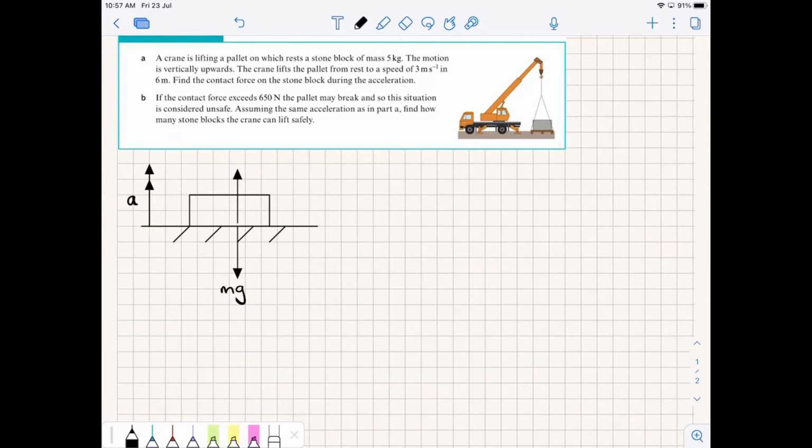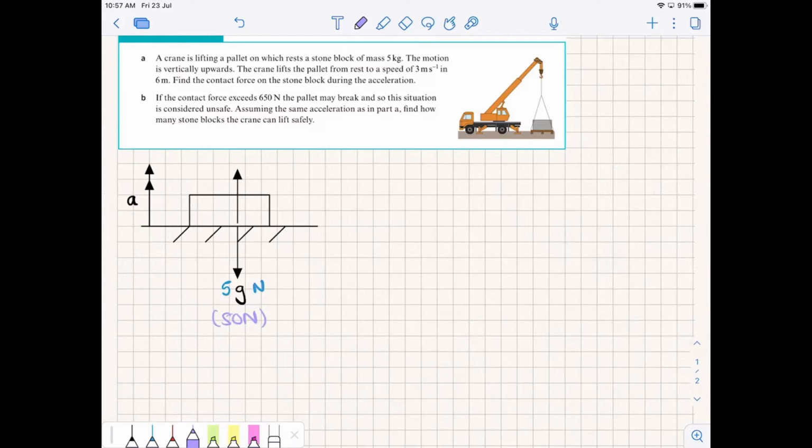Right, the weight of my stone block is 5 kilograms, so that's 5 times the gravitational constant newtons. So this is 5g newtons, and we know g is roughly 10, so this is just going to be 50 newtons.